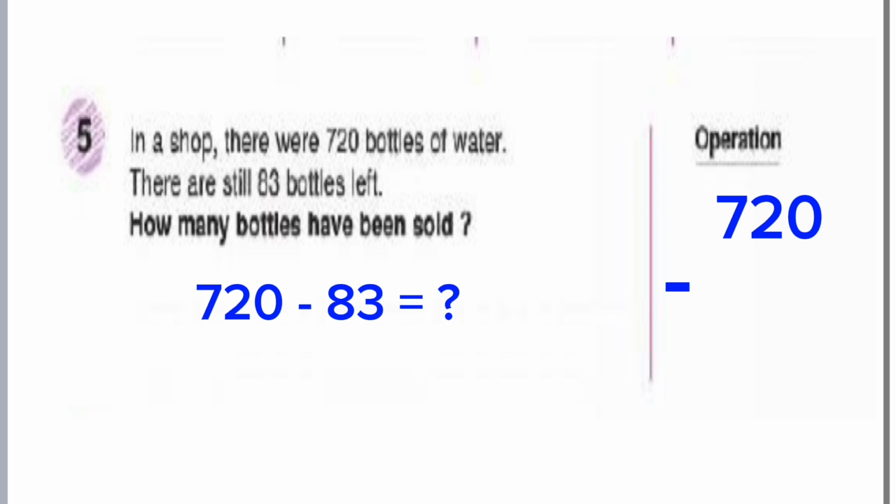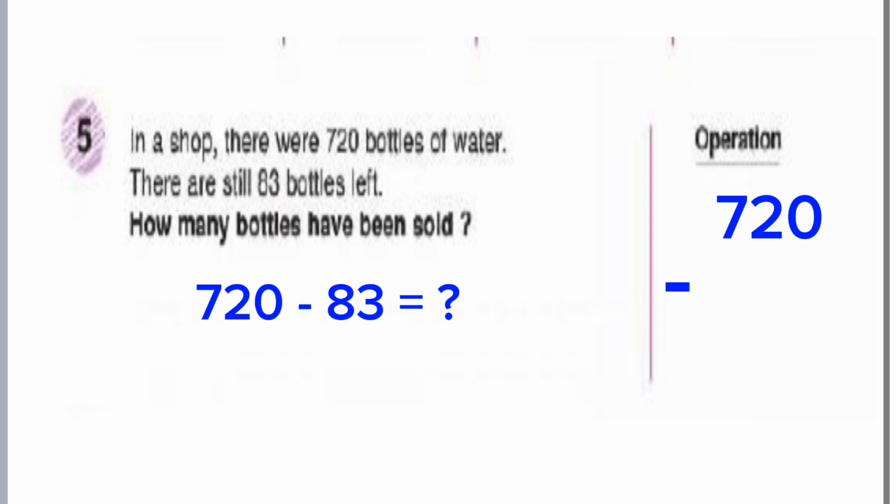So we have 83. How will I put the number 83 under the 720? 83 is a number of 2 digits. The first digit 3 is the ones and the second is the tens.